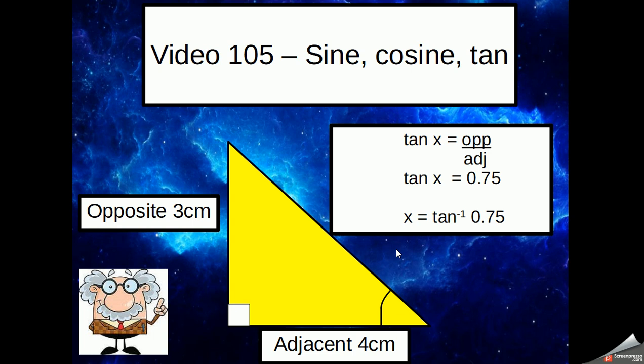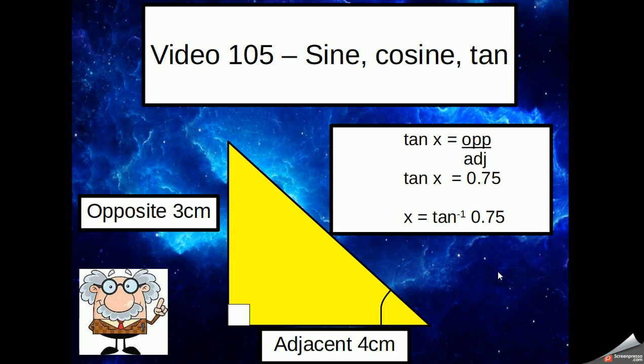But I've also got to do inverse tan to the number on the right, because as we know with algebra, whatever you do to one side of the equation, you do to the other. And as you can see, this inverse tan is written as tan with a little -1 up by here. So to cancel off the tan on this side and be left with just the x, I do the inverse tan of tan x, and I'm left with x. But that means I've got to do the inverse tan of the other side, leaving me with inverse tan 0.75.